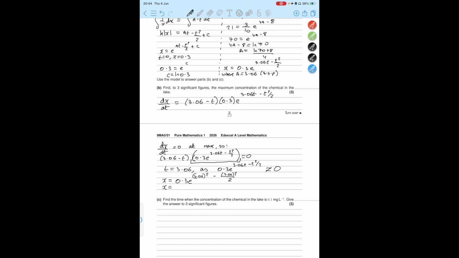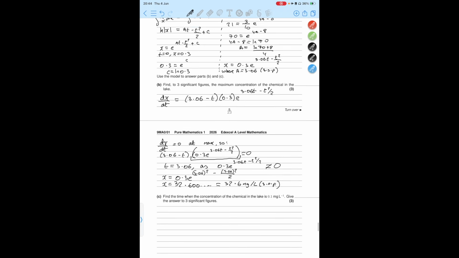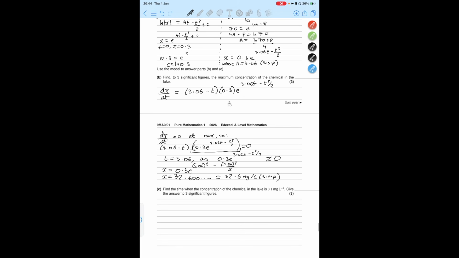So 0.3 e to the a times a minus a squared over 2. That gives me an answer of 32.600 and so on, which is 32.6 milligrams per liter to 3 SF, because I believe that's what it asked in terms of. Yes, so that is part B done.